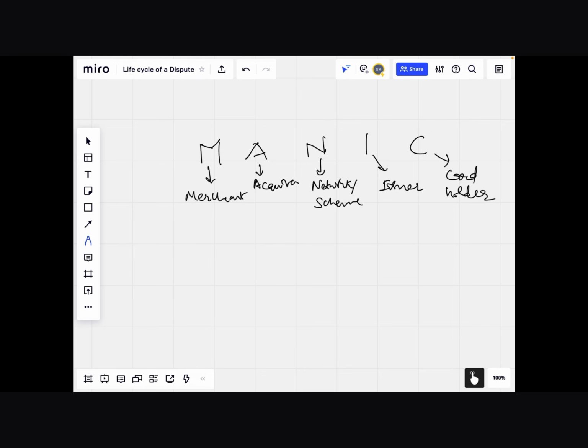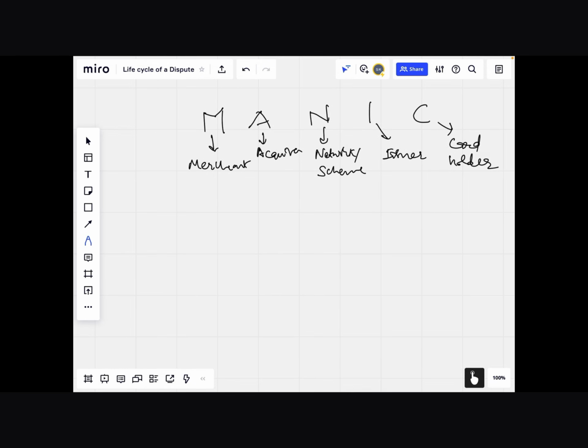Now in a disputed transaction, let's see what can really happen. I'm going to draw a table over here so that we can see how the money movement changes with each different dispute stage. I'm going to say that this is my cardholder, this is my merchant.